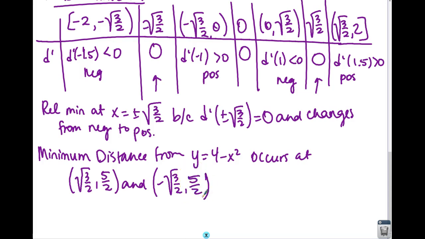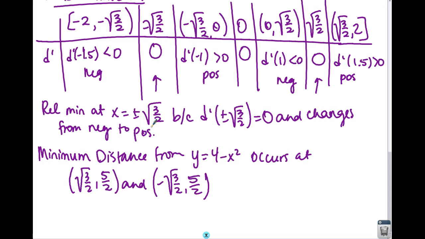So I found the locations that give me the relative minimum distance, okay? I could plug that into my original y equals 4 minus x squared to get the coordinates here.